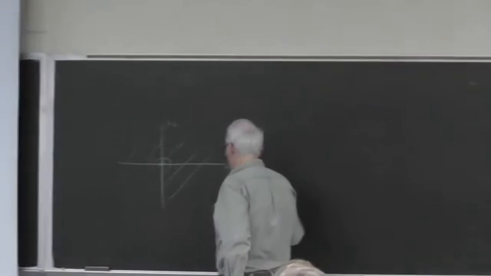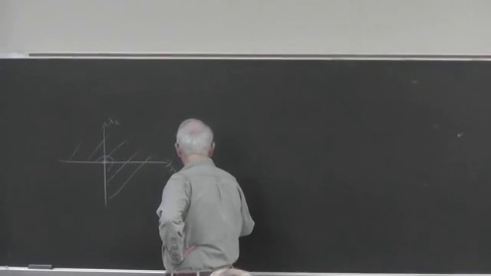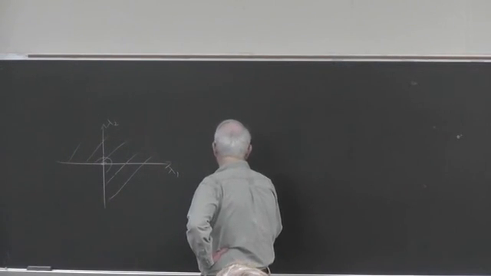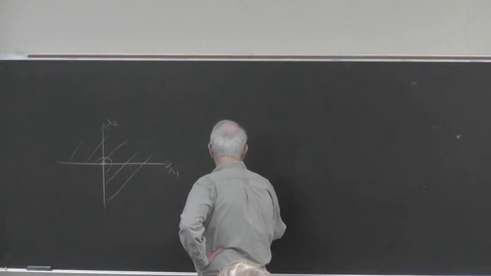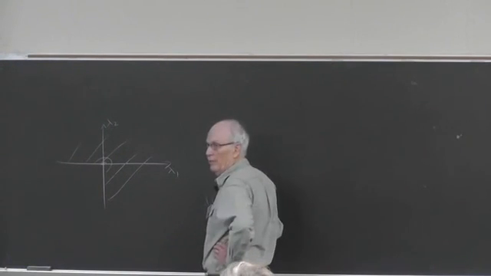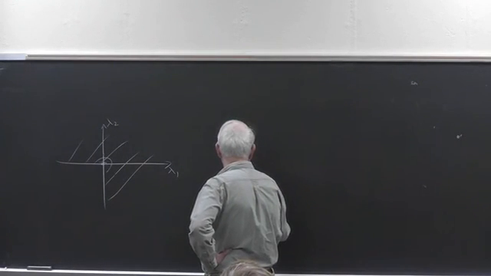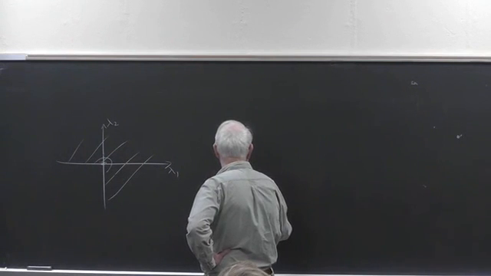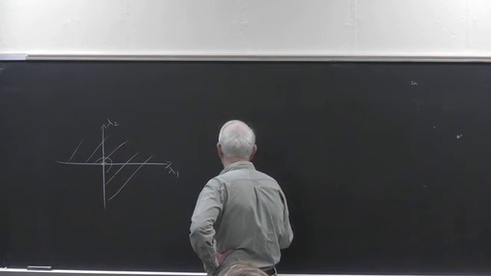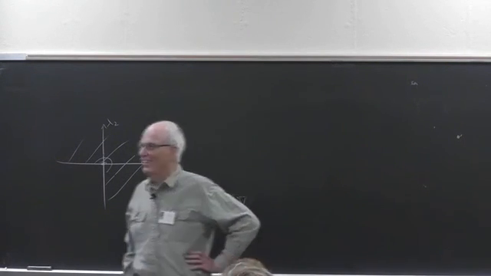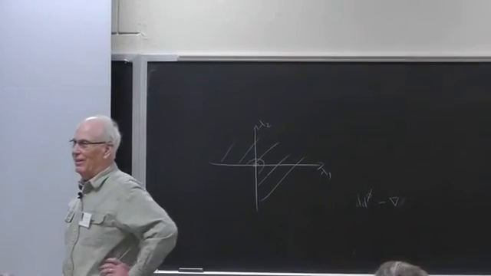Let's see. Blaine probably knows what it is. It's the trace of the... sorry, this is issues of the Riemannian Hessian.